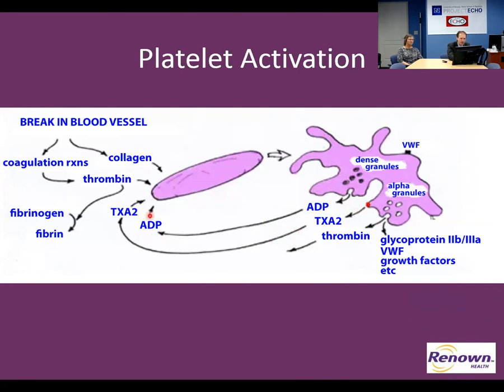It reacts with a receptor in addition to thromboxane A2, thrombin, collagen, and a few other things. But this ADP receptor is especially potent in activating a platelet to develop that spiny architecture such that it's very sticky to the vascular endothelium, helping to propagate a clot, and also releasing more ADP to activate other platelets. So it's very, very important in the prothrombotic milieu, this ADP receptor.